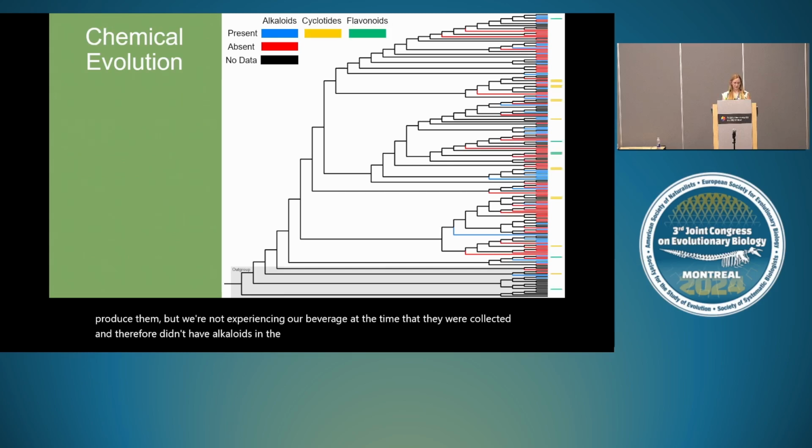We also wanted to look a little bit at some of the other chemical data that I mentioned earlier. So the cyclotides and the flavonoids, those are mapped out in the yellow and the green. Like I said, these are difficult to screen for, and that's not a problem that is exclusive to us. There was pretty limited data on which taxa are known to have these, but we were mainly looking for instances of co-occurrence.